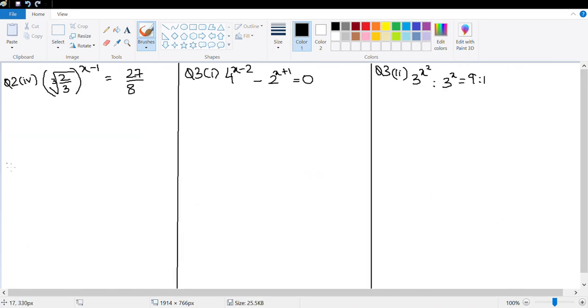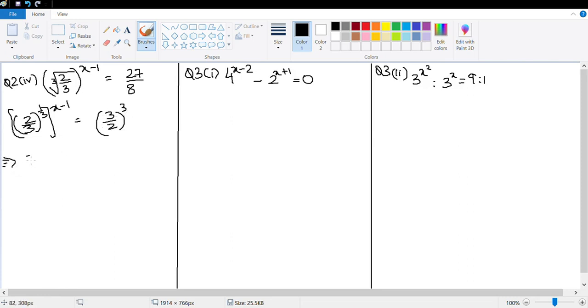So next is question 2, part 4. Question 2, part 4 is the third root. So again, similar question, but here the power is third root, which means the power will be 1 upon 3. So 2 upon 3 to the power 1 upon 3, everything raised to the power x minus 1, and this is 3 upon 2 whole cube.